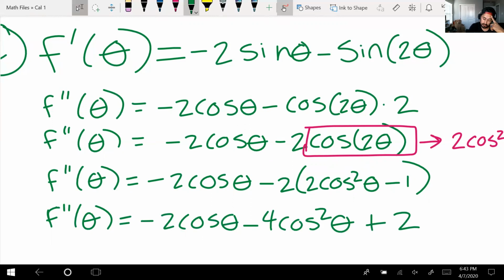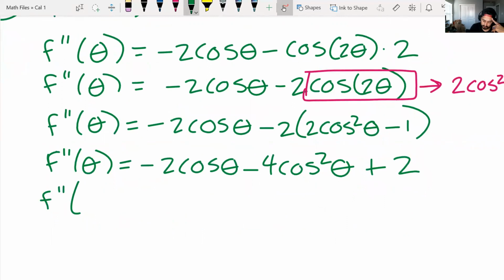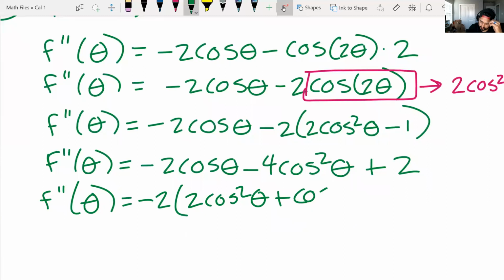All right. Rearrange this one more time. F double prime theta equals, I could take a negative 2 out if I want, so why not? Negative 2 times 2 cosine squared theta plus cosine theta minus 1.